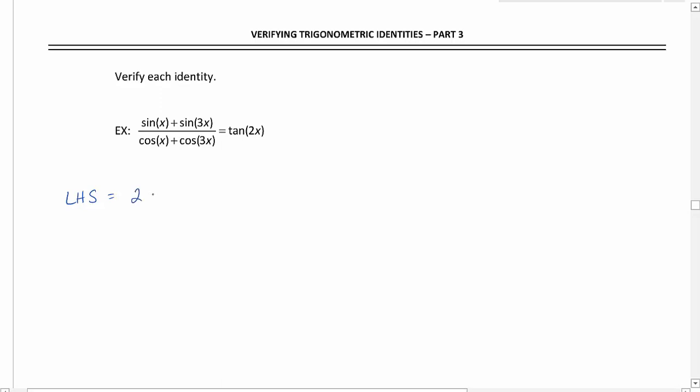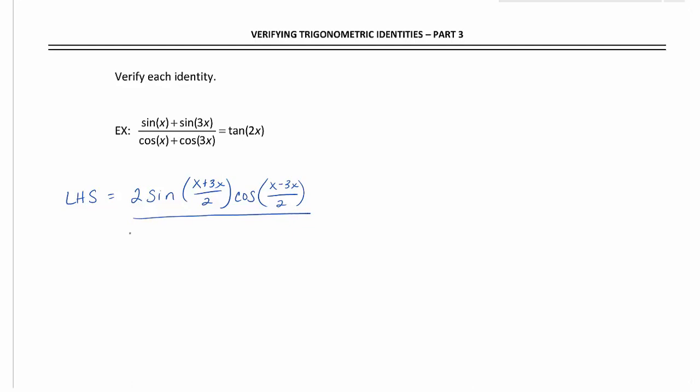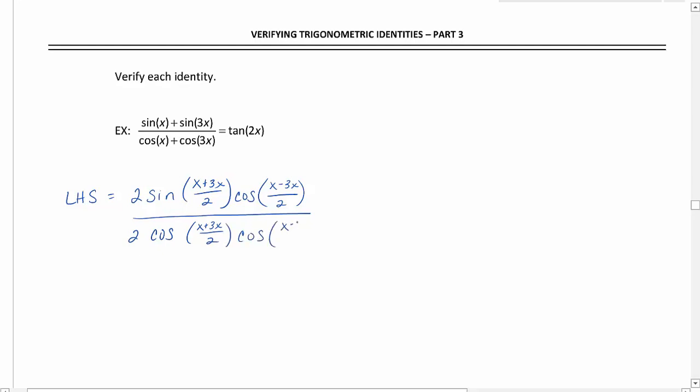This is going to be 2 sine of x plus 3x over 2 times cosine of x minus 3x over 2. And in the denominator, we'll use our sum to product formula for cosine. This turns into 2 cosine of x plus 3x over 2 times cosine of x minus 3x over 2.